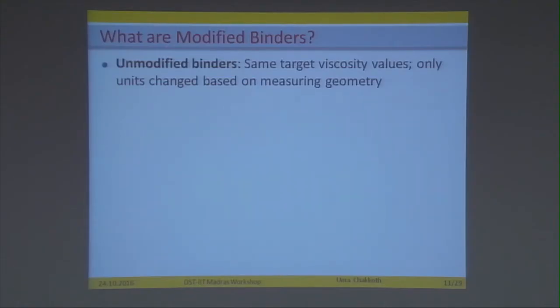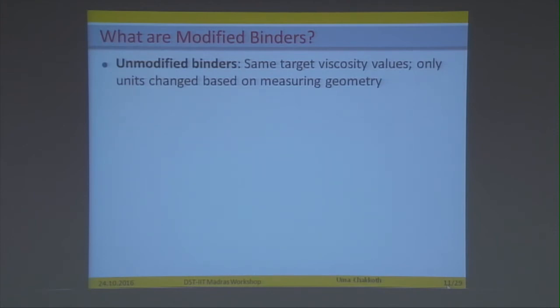As far as unmodified binders were concerned, the same target viscosity values were adopted, and only the units changed depending upon the measuring geometry they used. The values remained the same, and depending upon the measuring geometry the unit was converted accordingly.